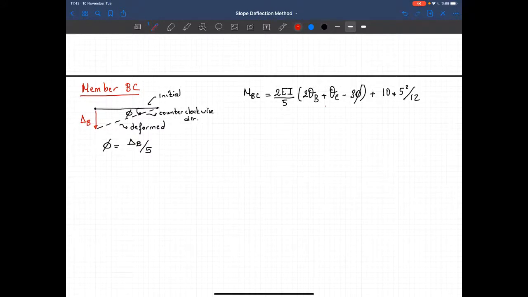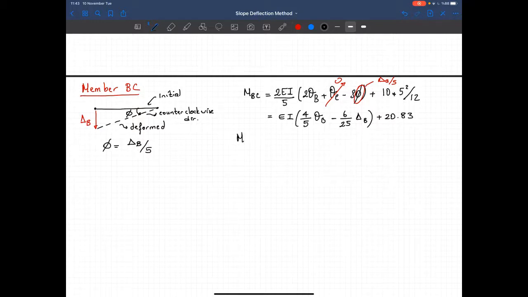Now we know that theta C is equal to 0, phi angle is equal to delta B over 5, and our moment equation is equal to EI times (4 over 5 theta B minus 6 over 25 delta B) plus 20.83.